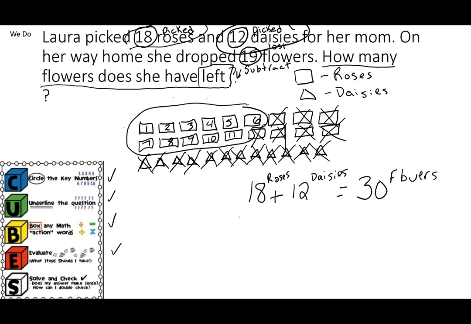So we're going to subtract 19, the number that she dropped or lost, from 30, the total number of flowers. And that gives me 11 flowers. So she has 11 flowers left to take home.